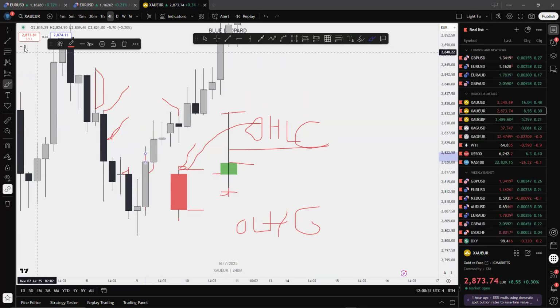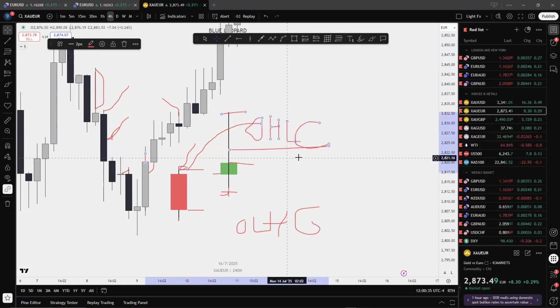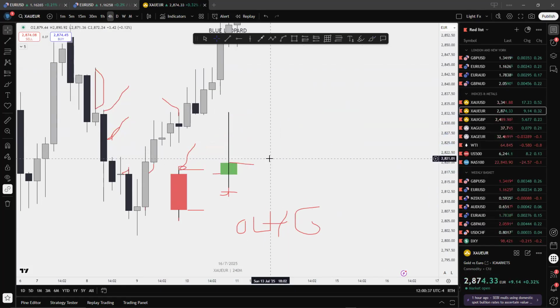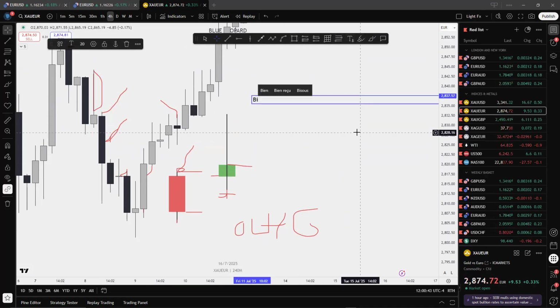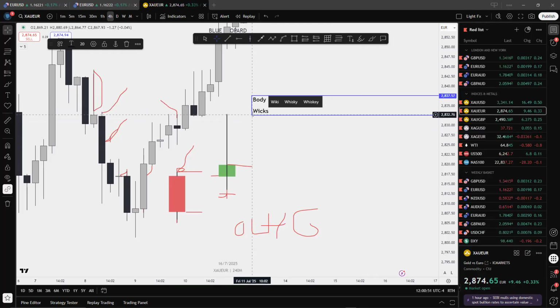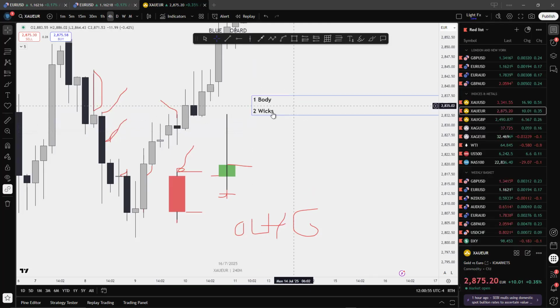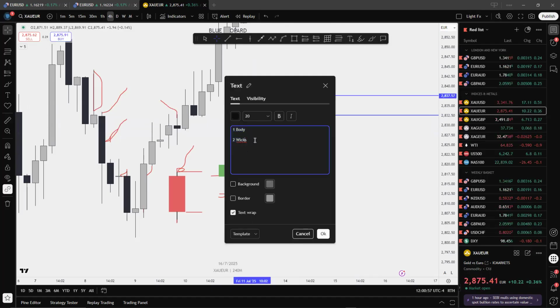And before I forget, you should know the parts of a candle. What constitutes a candle? Okay? You have the body, and you have the wicks. One body, two wicks. Wicks, they also call it shadows.